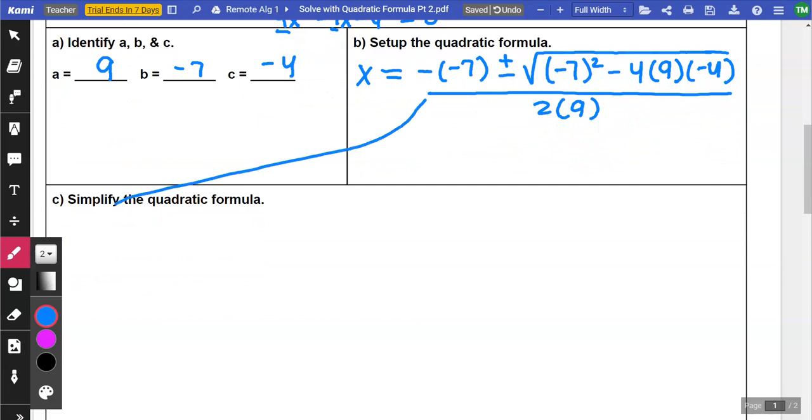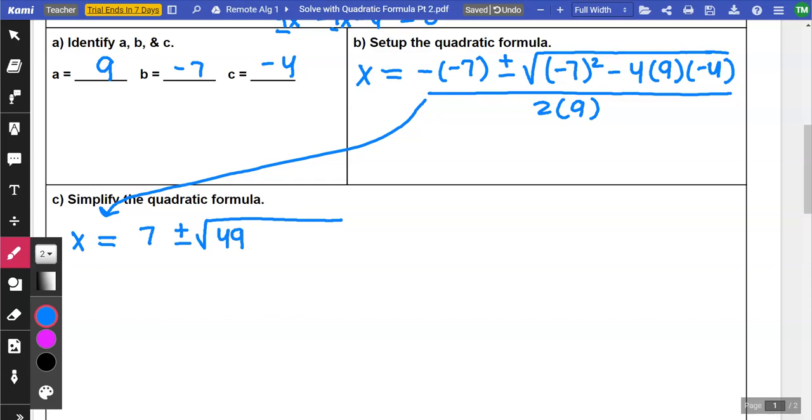So I'm just going to bring my work down here, and I'm going to start simplifying it. We got it set up. Let's go ahead and finish the equation. X equals, remember we always want to make sure we have the x equals out in front because we are solving for our x values, the x values of our x-intercepts. The negative of negative 7 is positive 7 plus or minus the square root. Negative 7 squared is positive 49.